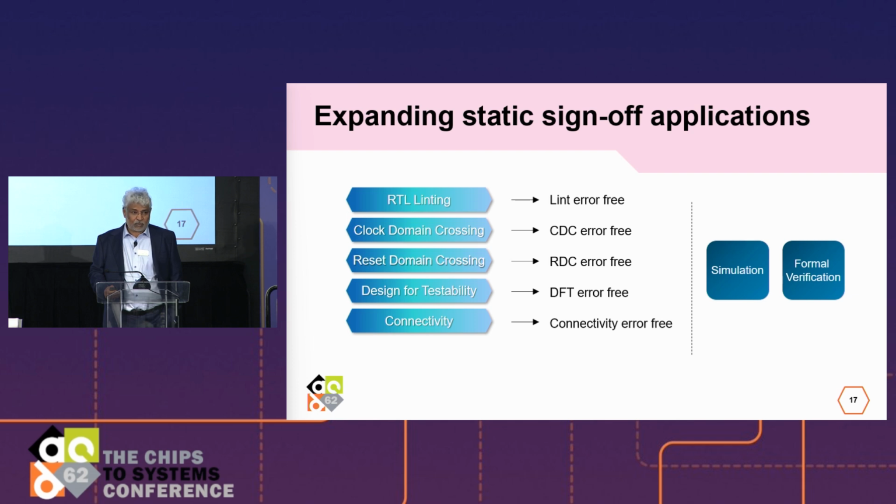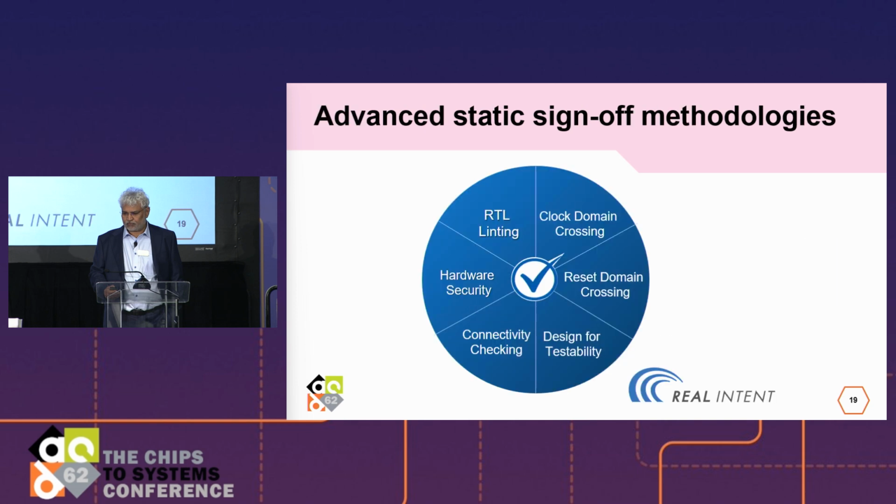This is a rule-based application. And now hardware security is another rule-based application, the newest static sign-off offering. Real Intent offers all these solutions, and I've requested our team members to highlight the salient features of these to you.